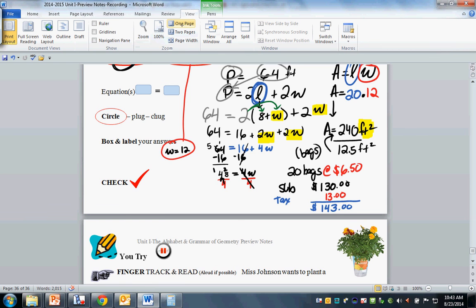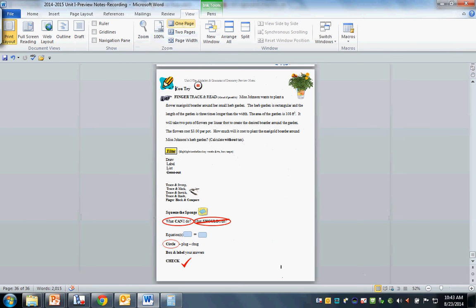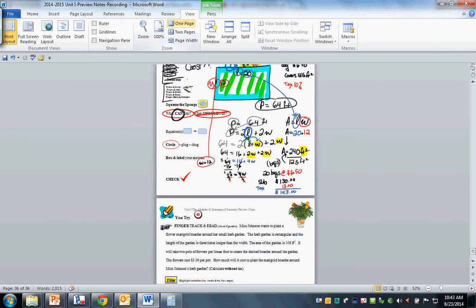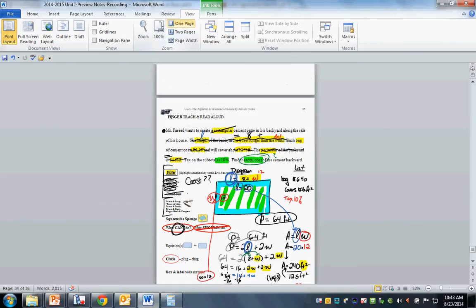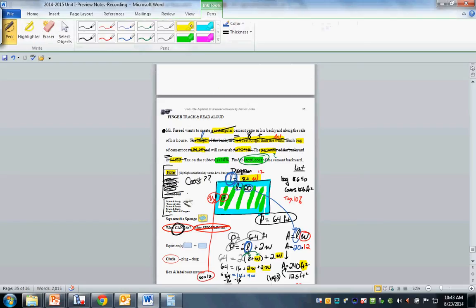Okay. Now, this looks freakishly long, but if you learn the techniques that I'm telling you to, you learn to finger track read, you filter, draw a label list, cross out, ask yourself what you can do, use equations that have two sides with an equal sign, you are much less likely to get stumped and frustrated.